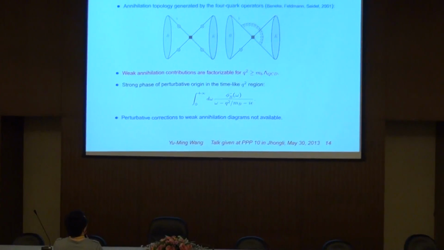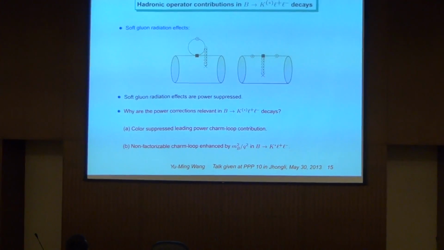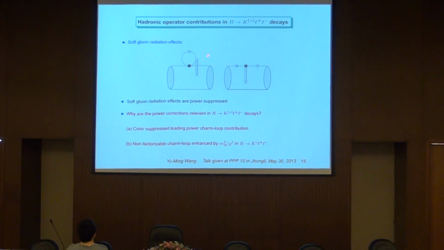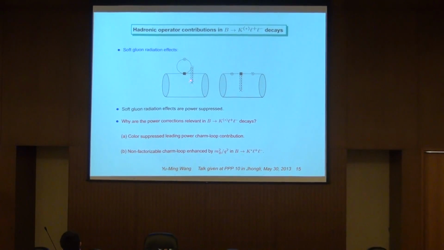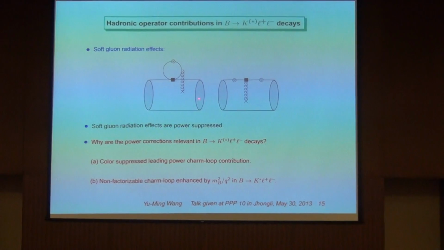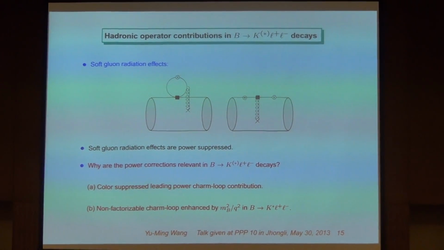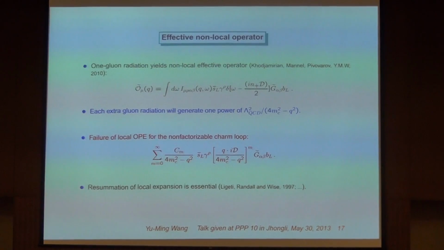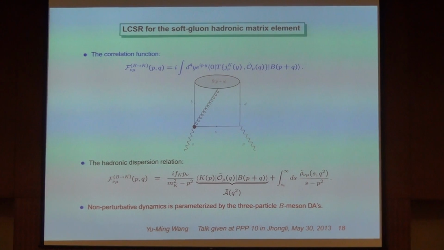Can the soft gluon be attached there? The soft gluon can go anywhere in this QCD diagram. Here this soft gluon can actually enter either the initial B meson state or the kaon state. But at the correlation function level, that is described by this one, yes.